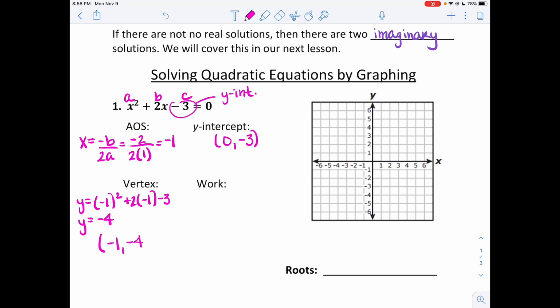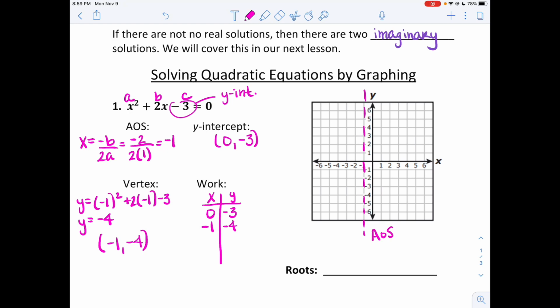I've calculated that now. So I've got some points that I can plot on my graph. Let's go ahead and indicate those, x's and y's. I have 0 and -3 that I can plot, and I have -1 and -4, and I also know where my axis of symmetry is. The axis of symmetry is at x equals -1. So let's identify that as our axis of symmetry.